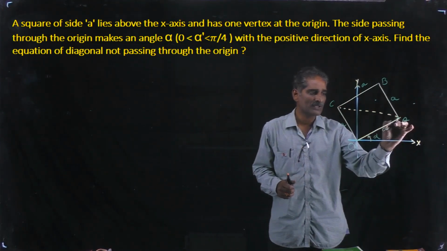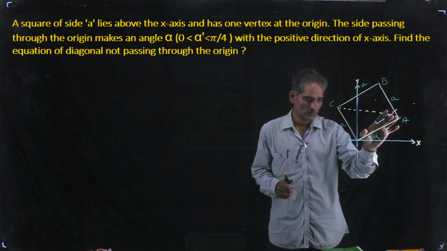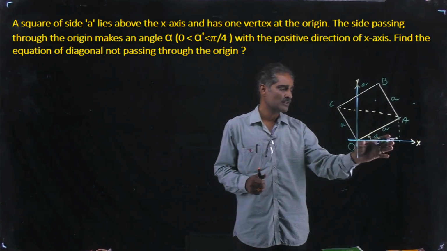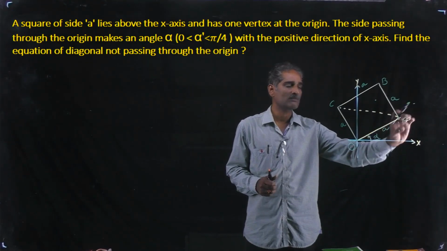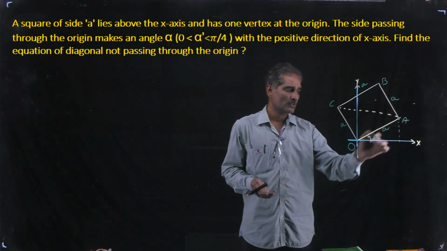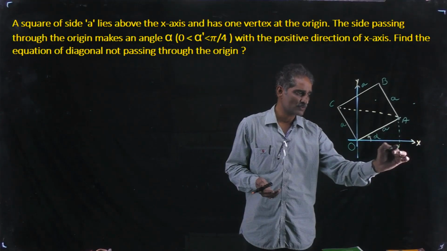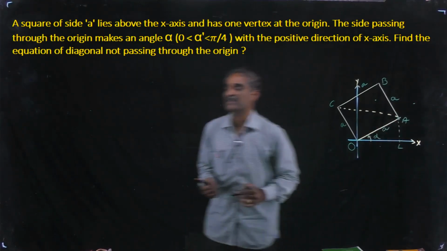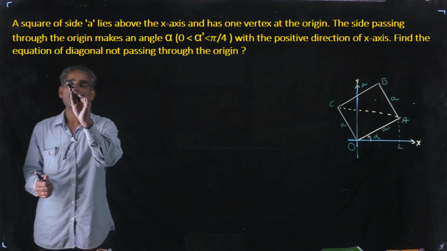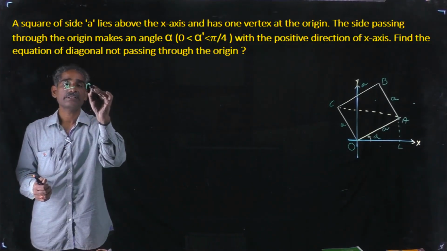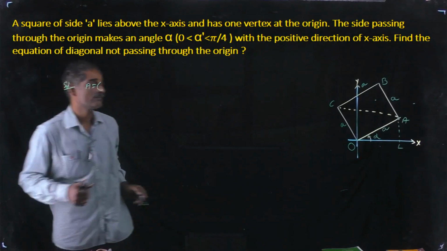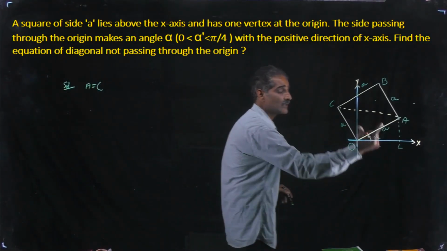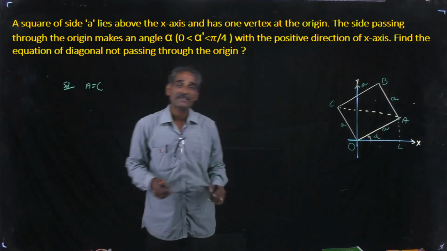How can we find the coordinates of A? It is easy. You know the length of this side. Just draw the perpendicular. This length is the x coordinate and this is the y coordinate. From this triangle, let us take this point as L. Cos alpha equal to OL by OA, that means OL is equal to A cos alpha.